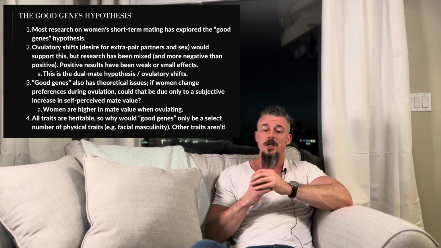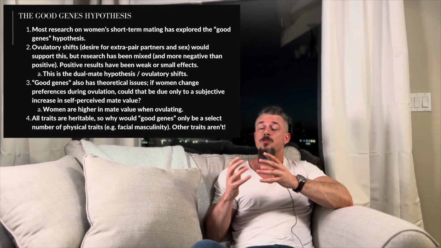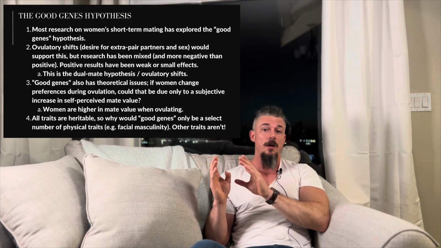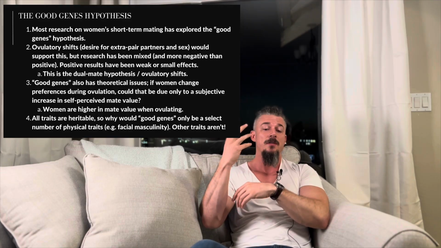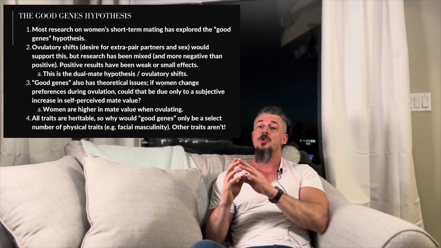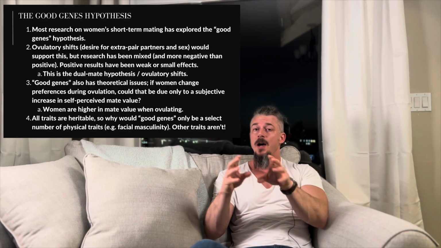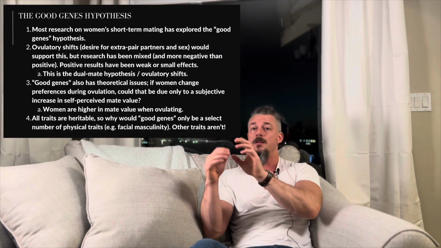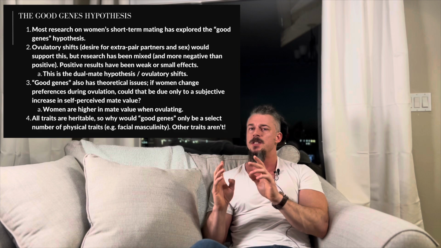Also another theoretical issue is, if women change preferences during ovulation, does that actually show a preference shift during ovulation, or could that show an increase in mate value that changes their preferences? So we know, for example, that women have a higher mate value when they're ovulating. They get rated as more attractive behaviorally, physically, and that sort of thing. It's not always clear that men can tell.